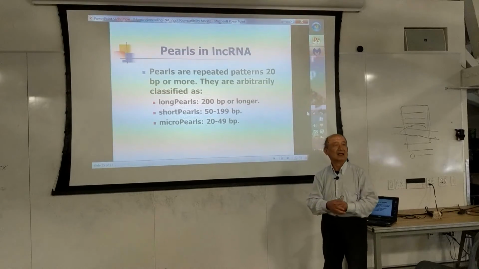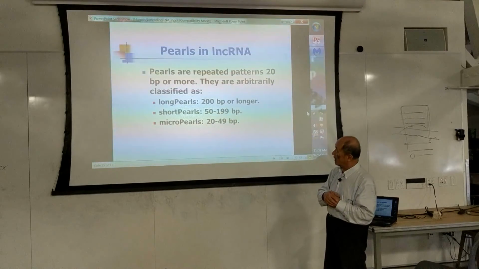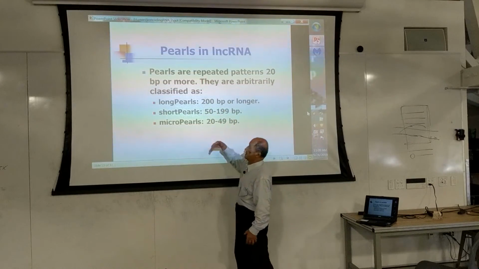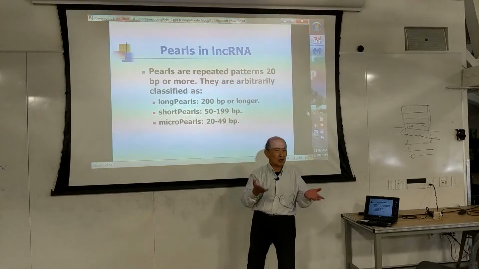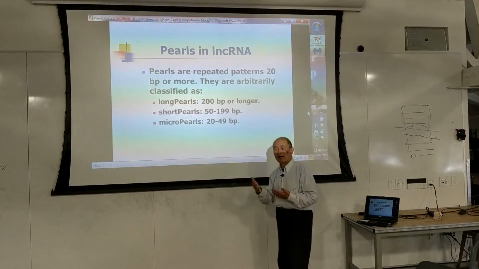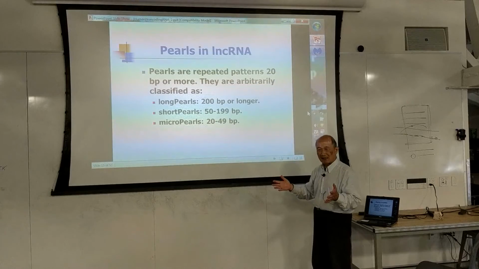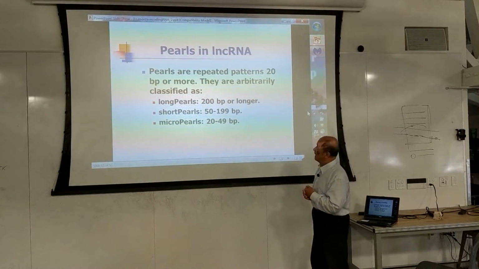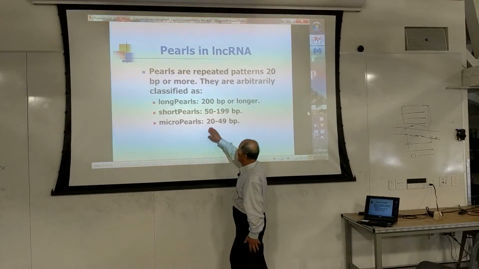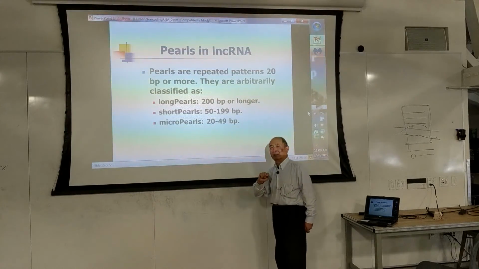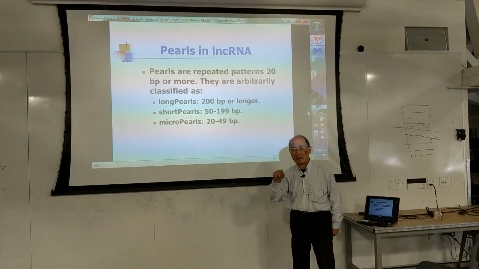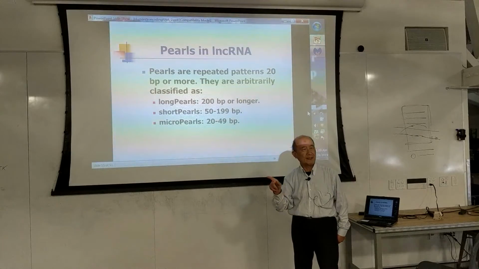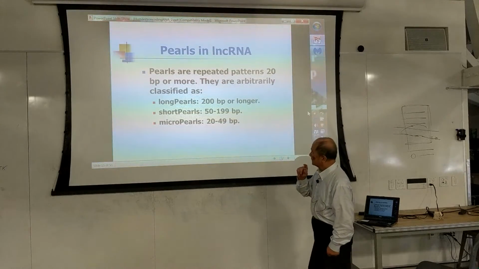So we have very long pairs, and this is just like long non-coding RNA, which are defined as RNA molecules 200 bases or longer. And then microbiology found lots of microRNA, and they are 18 to 22 bases long. So if they are in this range, it's almost like microRNA.